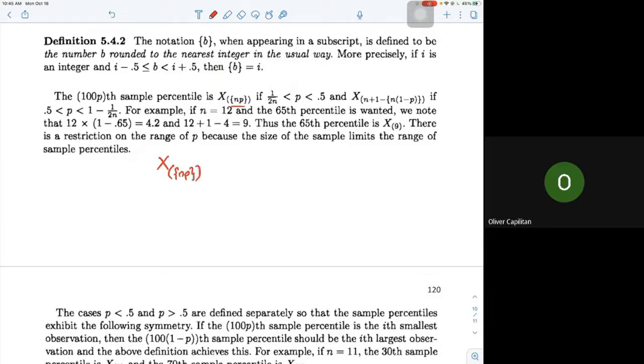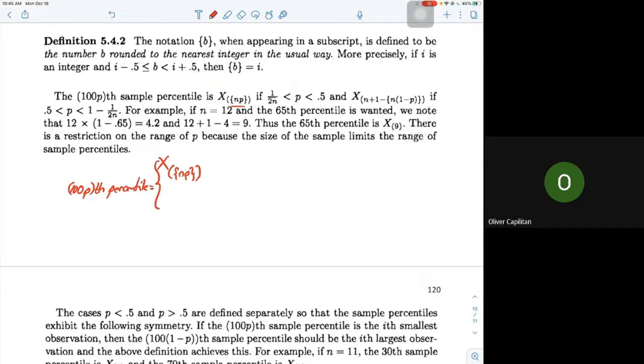This would be equal to, sorry, this is the 100p-th percentile. It is equal to that.